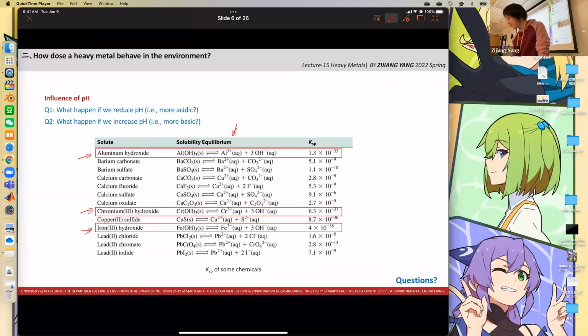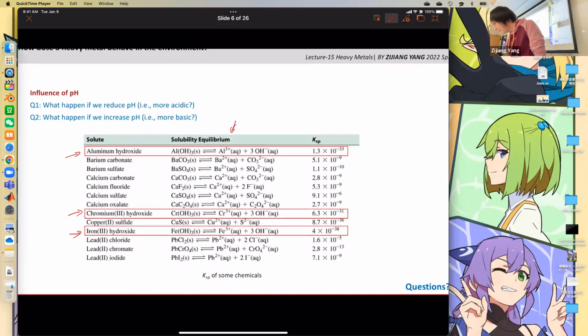The first one is aluminum reacting with hydroxide, this is chromium with hydroxide, and this is iron with hydroxide. Let's focus on the first one and see what happens if we reduce pH. Which direction will this equation go?